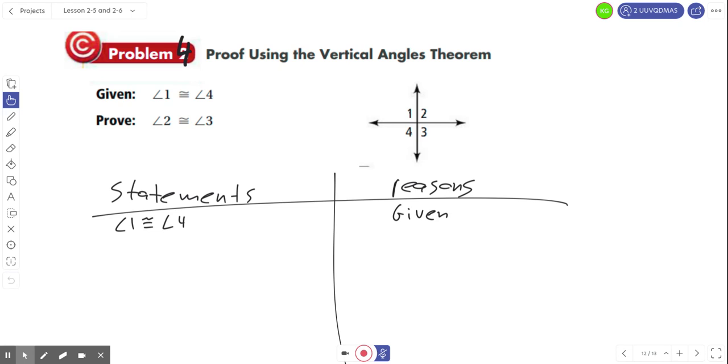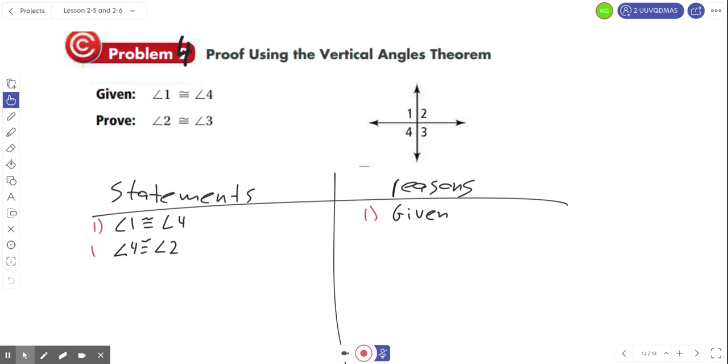Well, I know that angle 4 will be congruent to angle 2 because they are vertical angles. Oh, and the other thing that I meant to mention is you should really number these because we're going to have to grade them. And if you're really neat, they might line up, but a lot of times that's not the case.